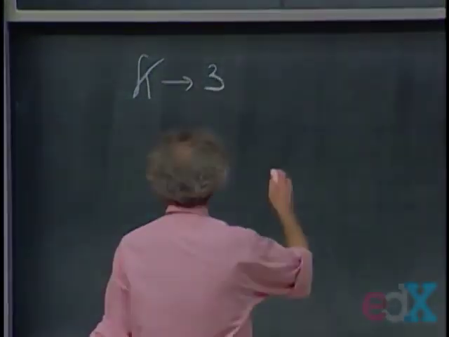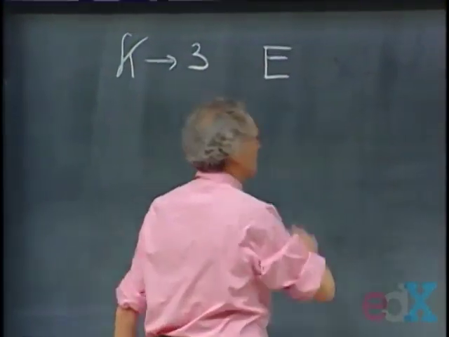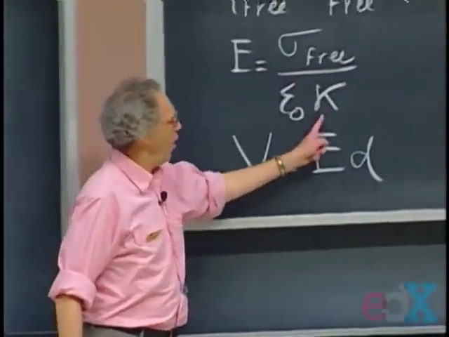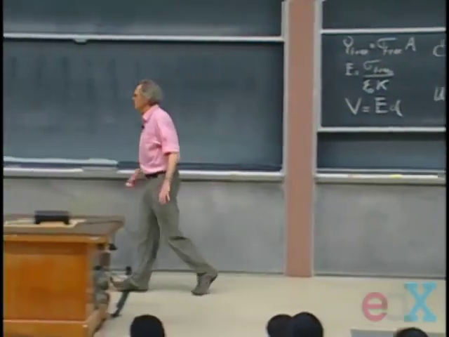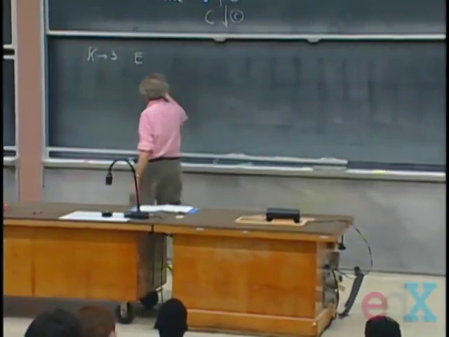And so now what happens with E? Well, sigma free is fixed. If kappa all of a sudden becomes 3, the E field goes down. Is that surprising?